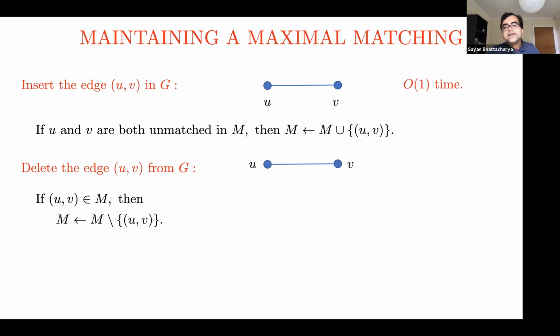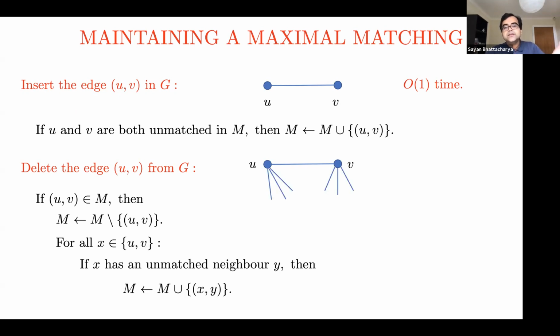Otherwise, if the edge getting deleted was actually matched, you delete it from your matching, then you visit its 2 endpoints, and for each of its endpoints, you try to match it to any free neighbor available. So you are doing a linear scan of the neighborhoods of these 2 endpoints.